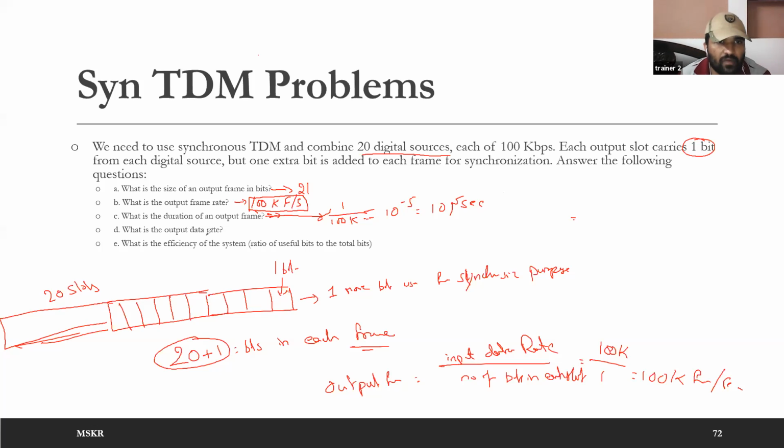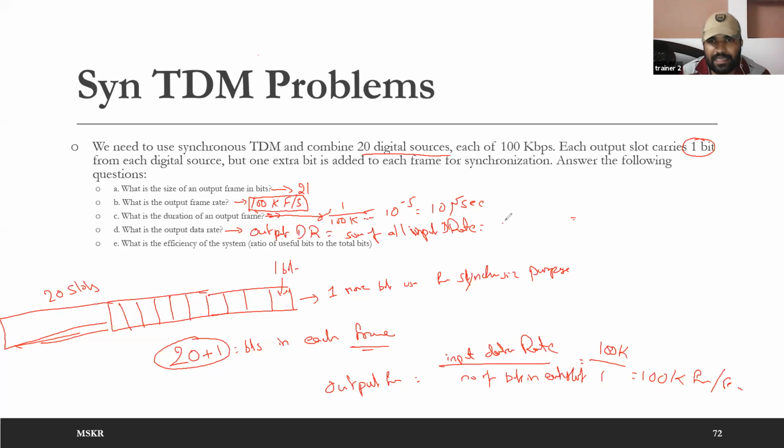And what is the output data rate? Previously I said output data rate is equal to the sum of all input data rates.